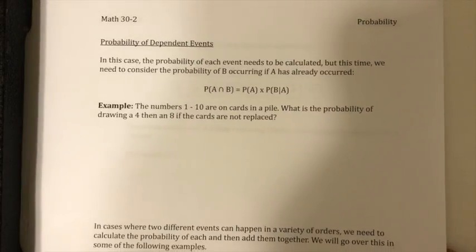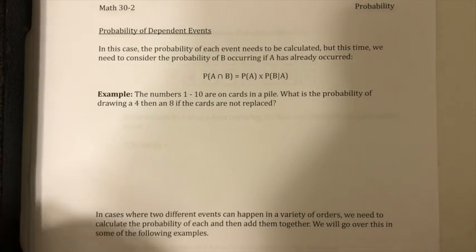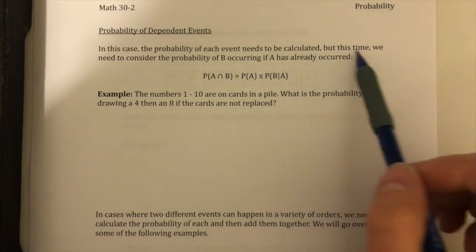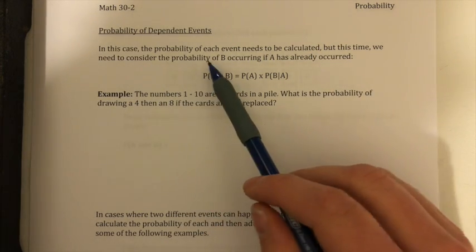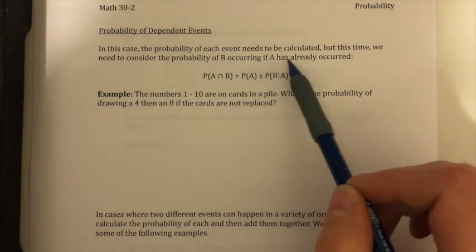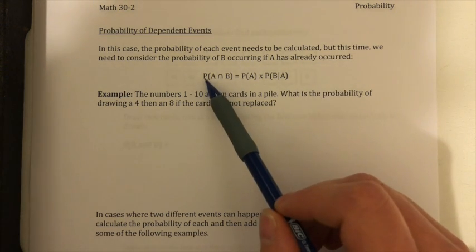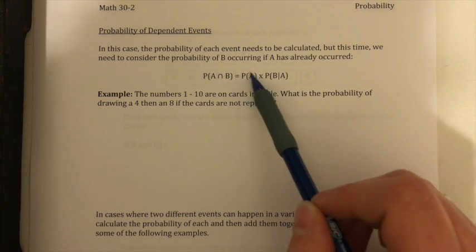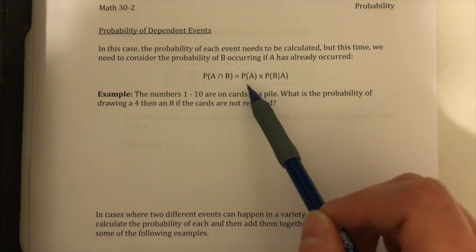The next thing that we're going to look at is the probability of dependent events. So in this case, the probability of each event needs to be calculated, but this time we need to consider the probability of B occurring if A has already occurred. So this time we're going to do the probability of A and B as the probability of A. That's the first event. So this time order really matters.